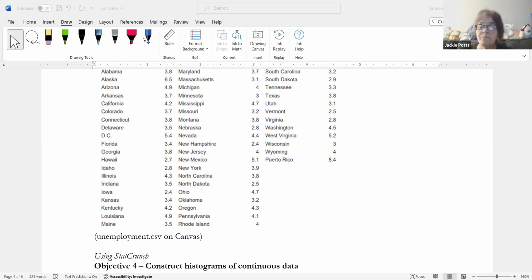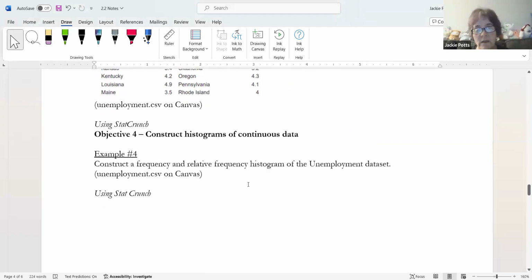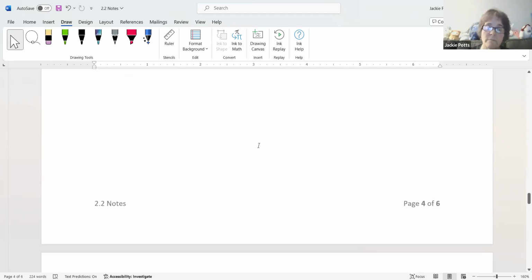All right. I can keep playing with that, and feel free to. Okay. So the only difference between the frequency histogram and the relative frequency was the fact I chose frequency versus relative frequency.